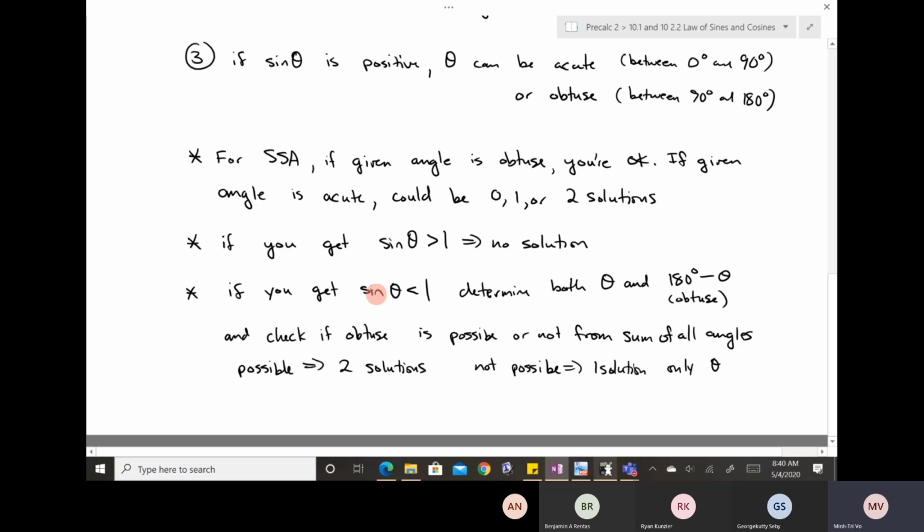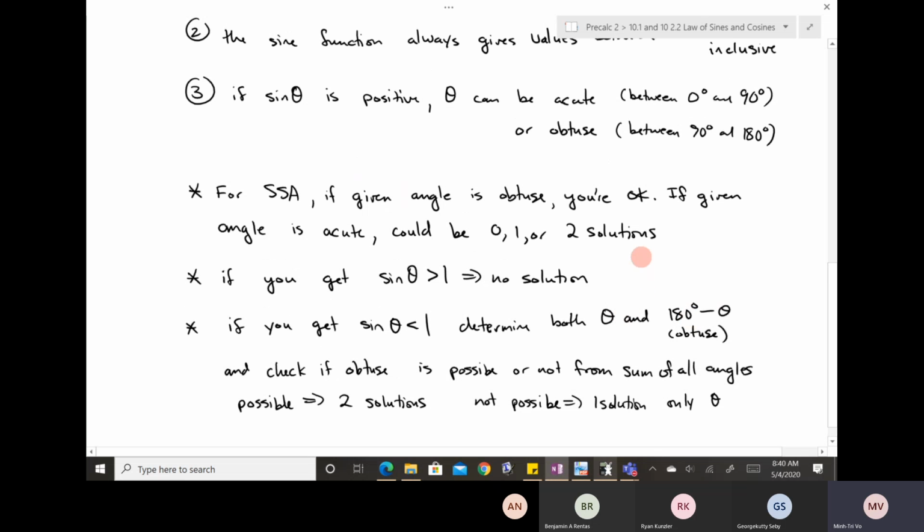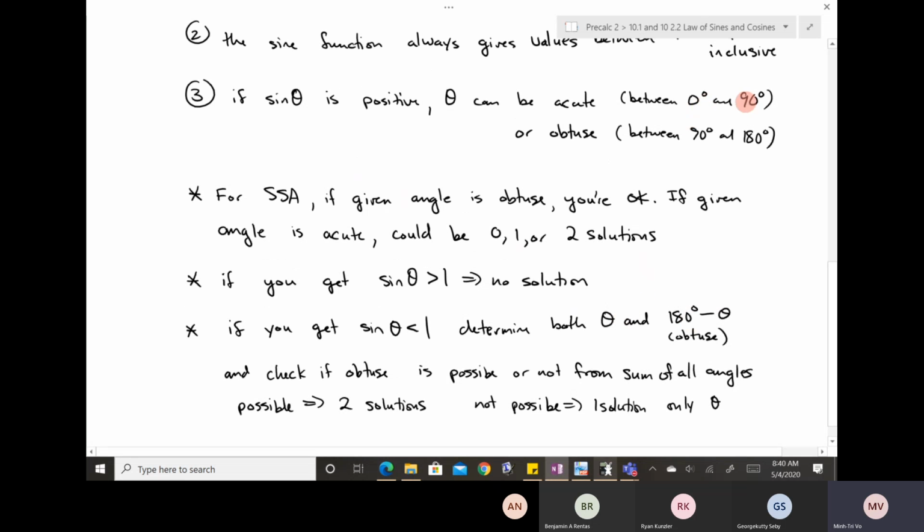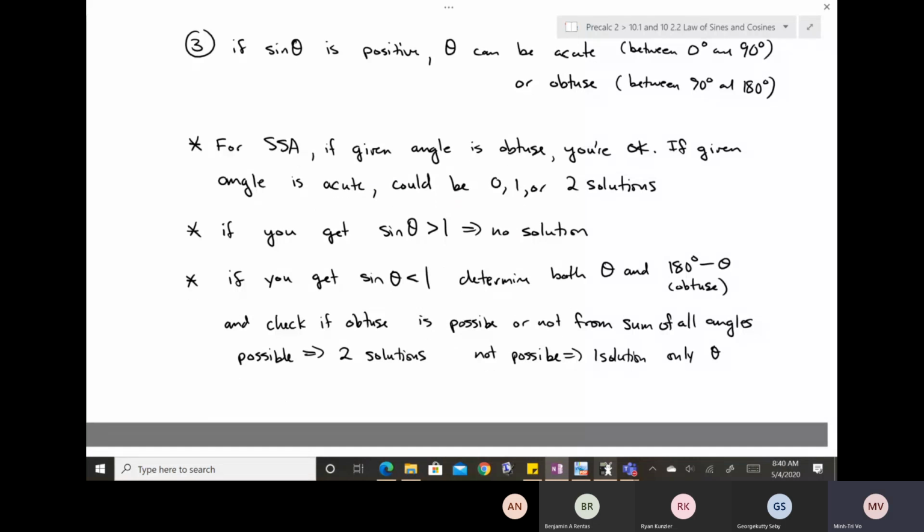And in the situation where the sine value is smaller than 1, what you want to do is determine both theta and 180 minus theta. The reason we do that is because the angle could either be between 0 and 90 or between 90 and 180, so you have to check both possibilities. Once you calculate these two possibilities, you want to check if the obtuse angle is possible or not.